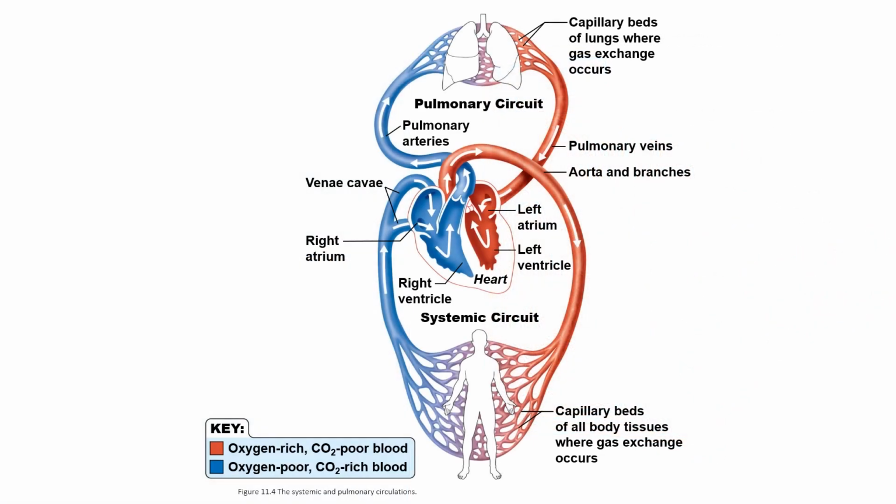This slide is looking at blood flow through the heart and the circulatory system. There are two circuits involving blood flow, the pulmonary circuit and the systemic circuit. The pulmonary circuit involves the lungs, and the systemic circuit involves the body.